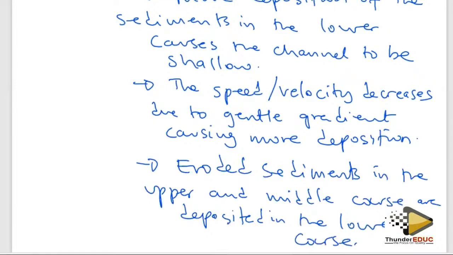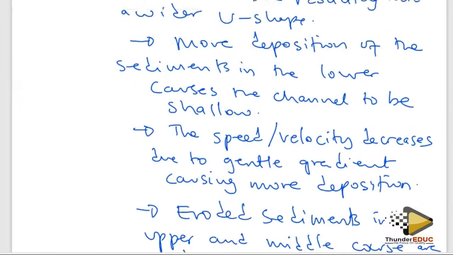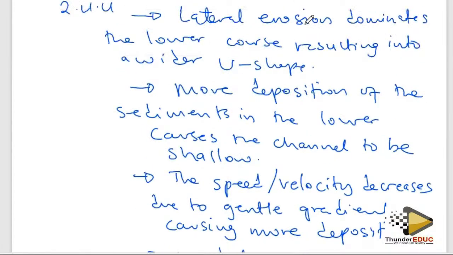Right, just to add on something here, why the lower course has a wider U shape, like we said. This is our shape here, for example. This is the way different from this. This is a U shape. This is a V shape.